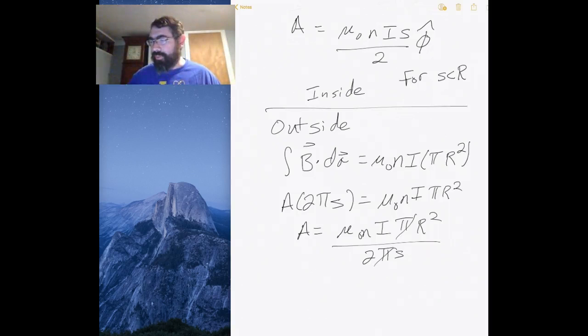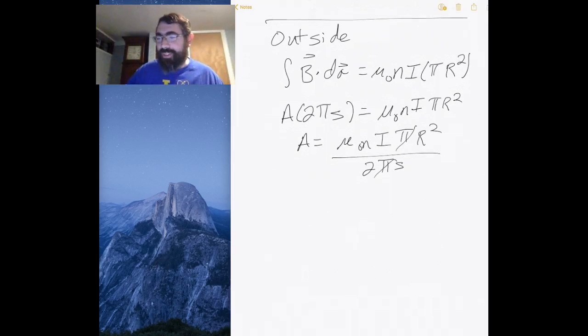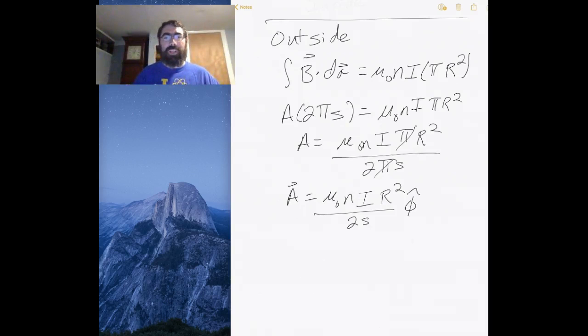So the pi's cancel, and that's about it. So what we're left with is the magnetic potential is mu 0 Ni R squared over 2s in the phi direction. So that's for s greater than or equal to the radius R.